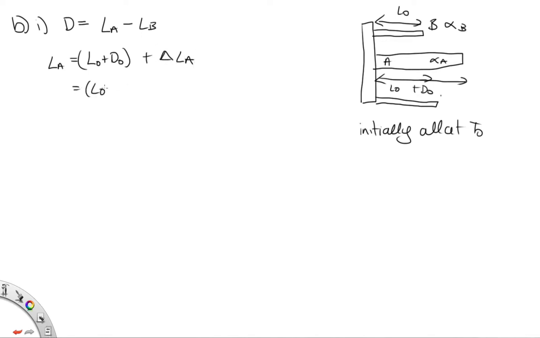The change in length A is given by the initial length A, L naught plus D naught, times alpha A, times the change in temperature, which is T minus T naught.